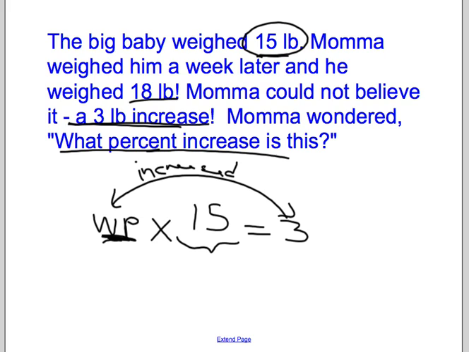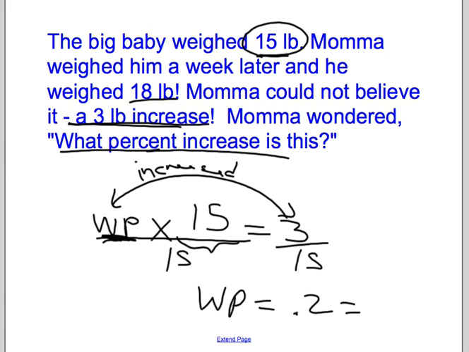We solve for this variable, P, by dividing both sides by 15. It needs to be in a percent form, so you're going to take the 3 divided by 15 on your calculator, and that gives me 0.2 or 2/10, and we change that to the percent value of 20%. Okay.